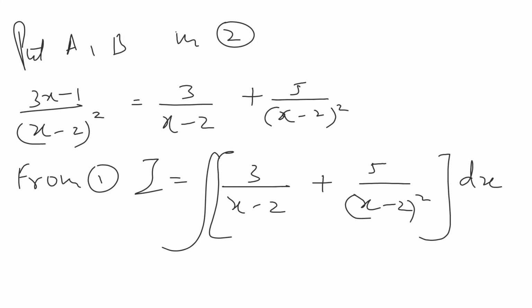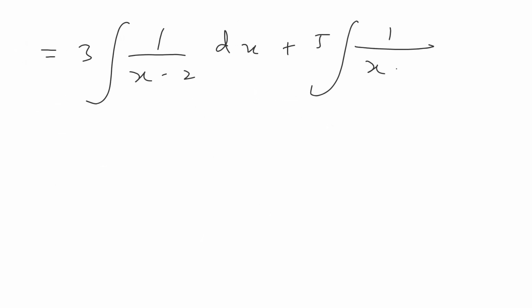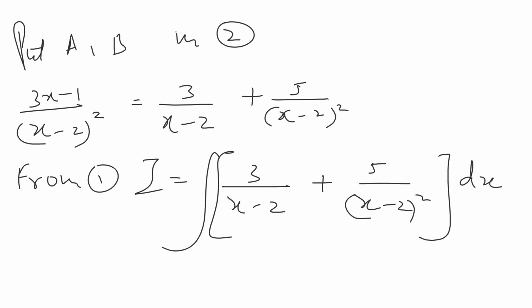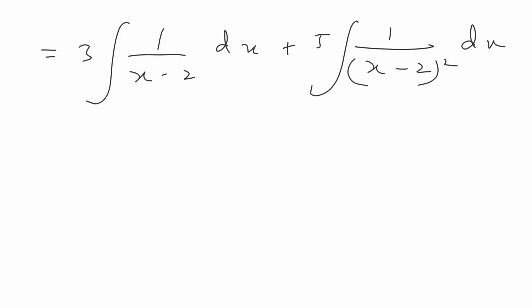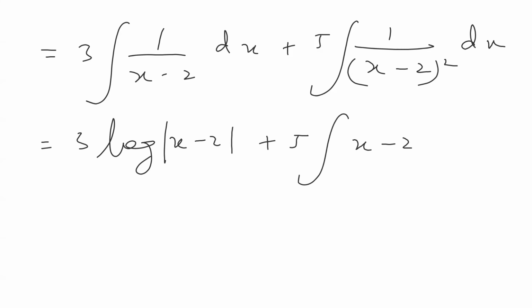Integration with 3 and 5 outside. Individual integration. Then this will be log mod x minus 2 upon d by dx of x minus 2. 5 integration of x minus 2 dx.